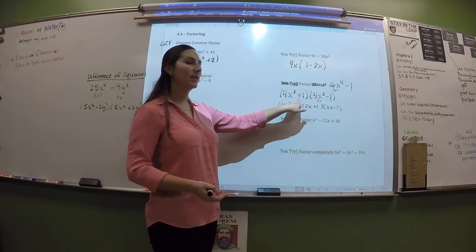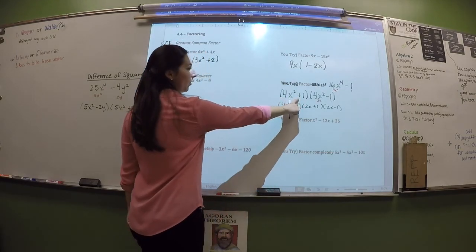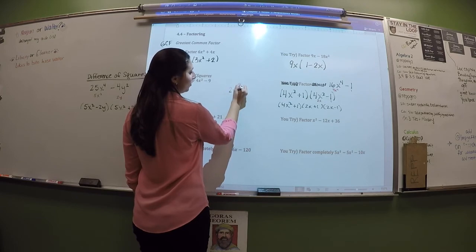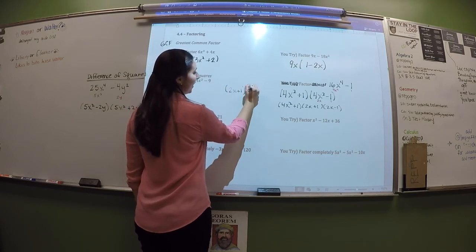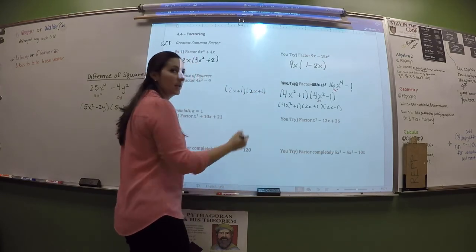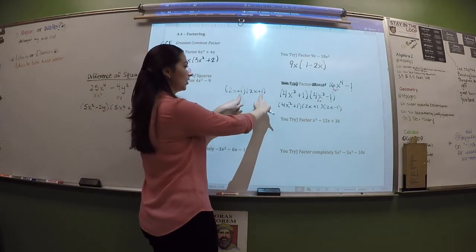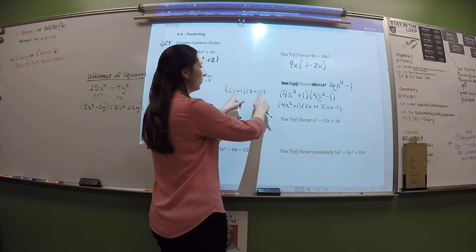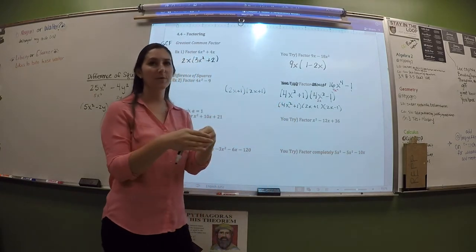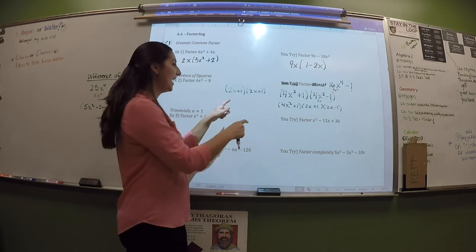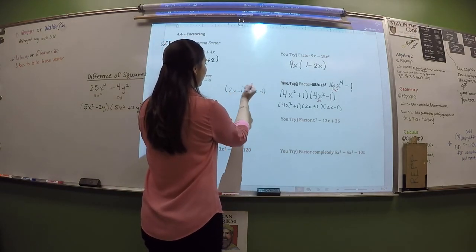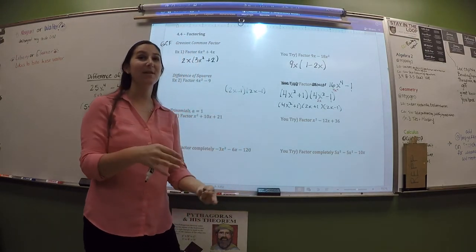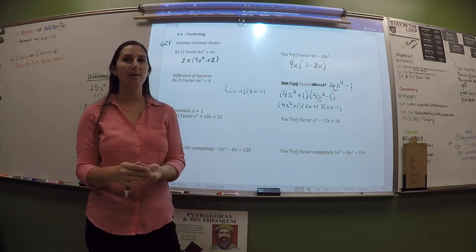With addition, you would maybe guess this would be 2x plus 1 and then 2x plus 1, right? The last two terms multiplied together would have to make a positive 1. Well, if both of these are positive, then you'd have a middle term of 4x. And if both were negative, you'd still have a middle term of negative 4x. So they're not canceling out.